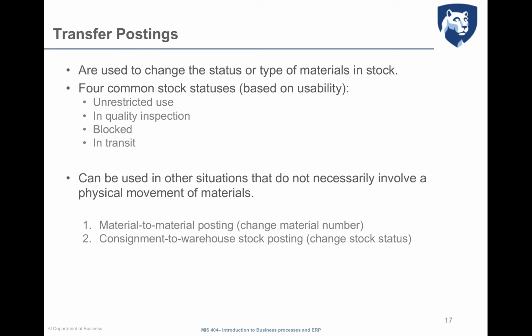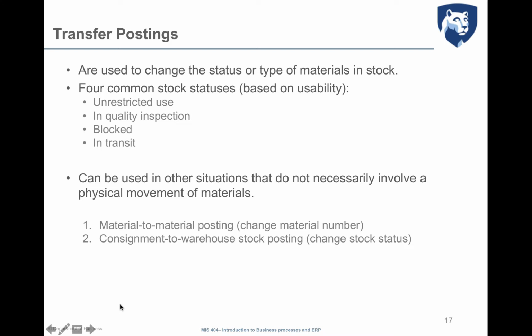Then we have transfer posting. Transfer posting is less intuitive than the previous two. But very simply, in logistics activities, transfer posting is used in order to change the status or the type of materials in stock.